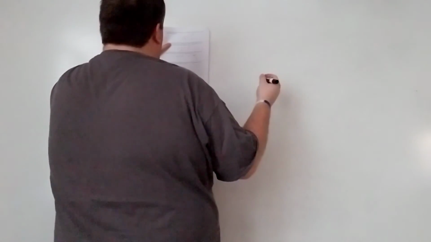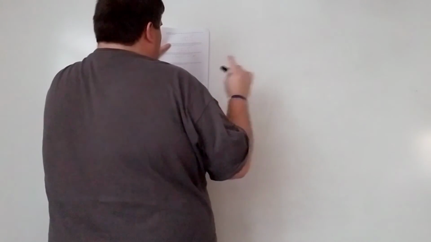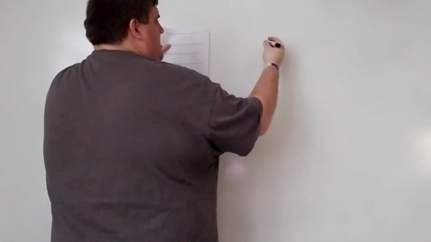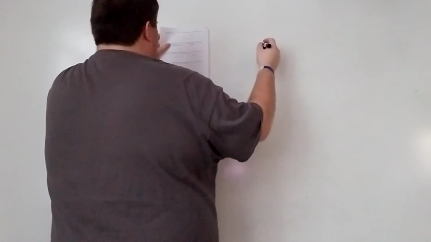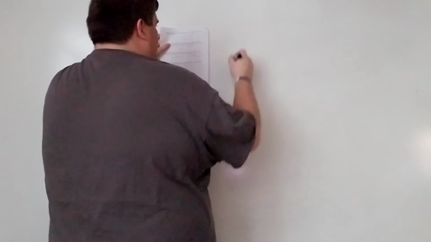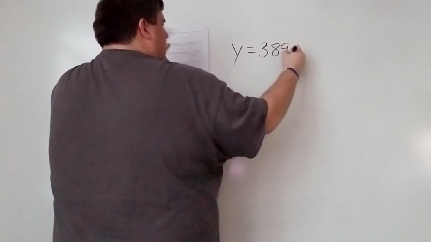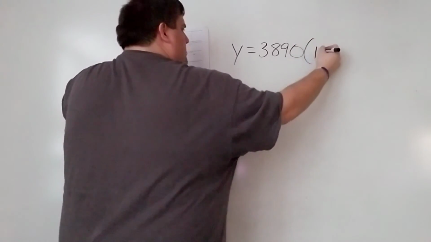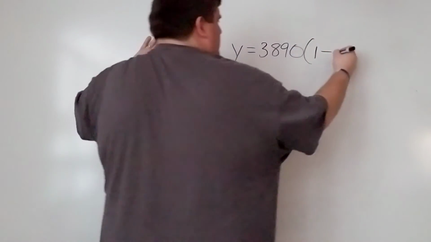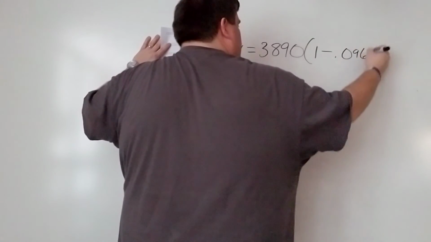Okay, cool. I'm glad I know that. At a rate of 9.6% yearly. So how many do we start with? 3,890. It's going to be 1 minus our rate, which was 0.096.